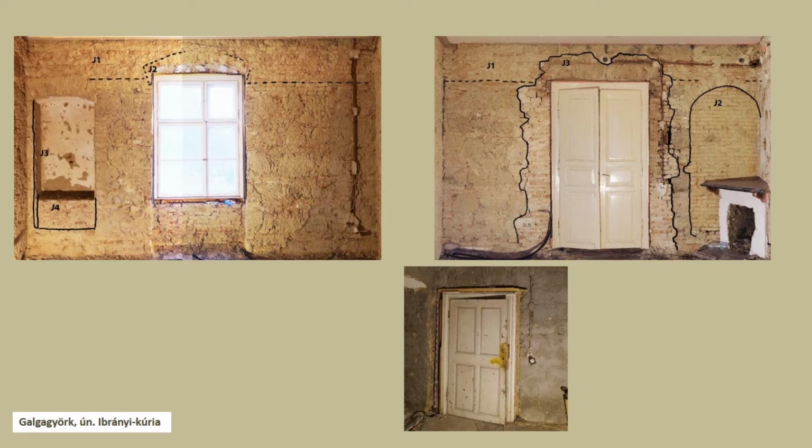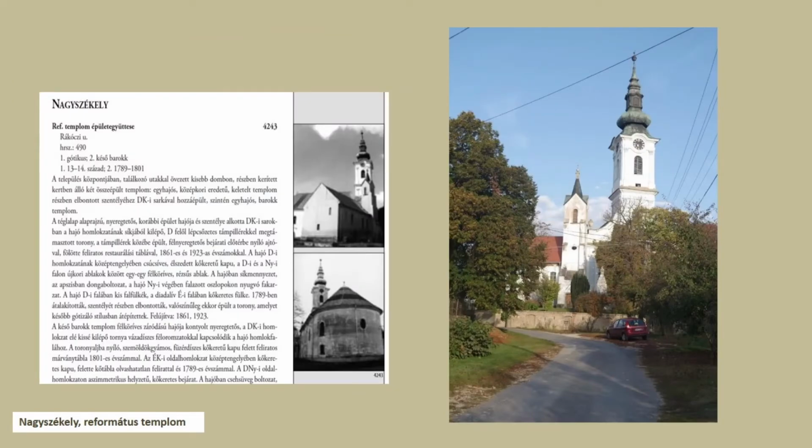Before I arrived, the plaster was removed from the wall. You can see the traces of a fireplace. This is the Reformed Church in Nagyszékely. It is a very specific place. Two churches are built together, a medieval church and a tower or church built in the 19th century.